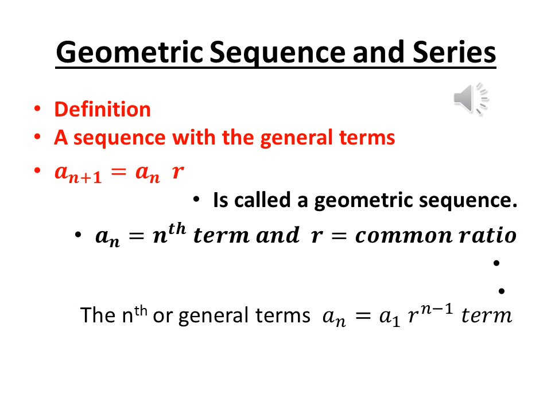So the nth term of the geometric series equals a1, the first term, times r to the power n minus 1. So we have the geometric series and the arithmetic series. Series or sequence, it is the same.